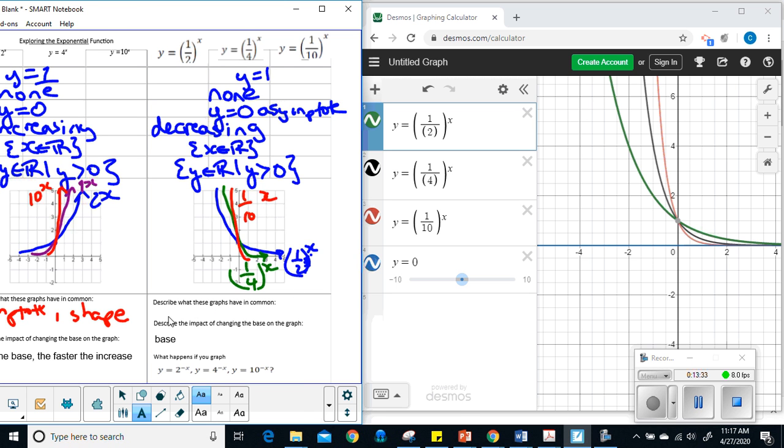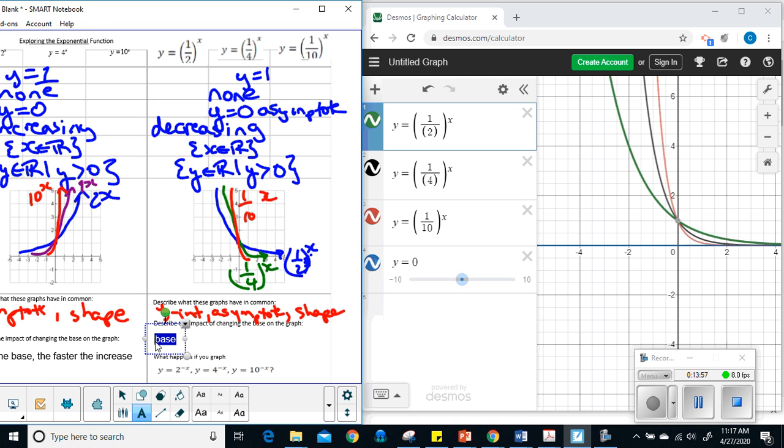So describe what these graphs have in common. They still have the same stuff as the other ones. So we still have our y-intercept. We still have our asymptote. Fraction bases all have the same shape, only now we are decreasing instead of increasing. So what happens when we change the base?